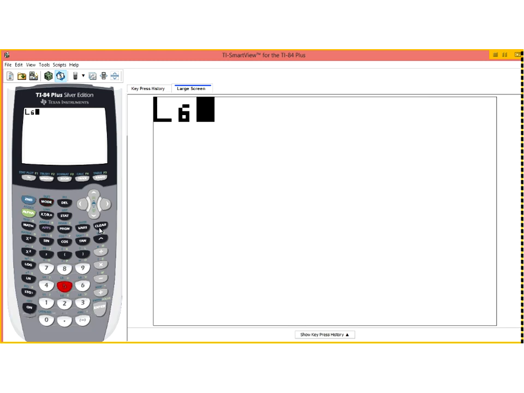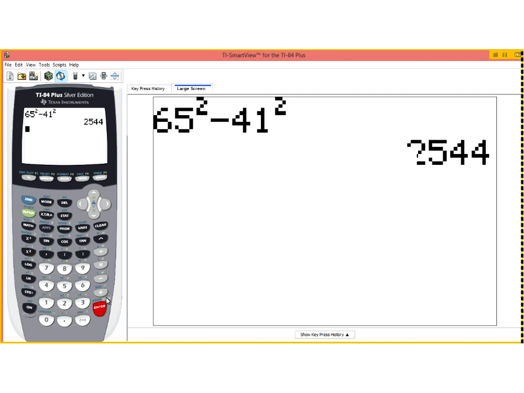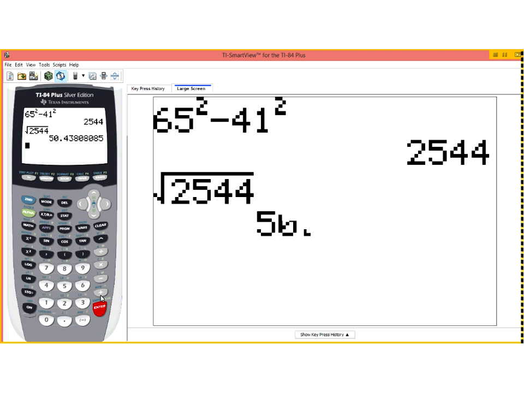So 65 squared minus 41 squared is 2544. I doubt that that's going to be a whole number, and I'm not going to simplify the radical.